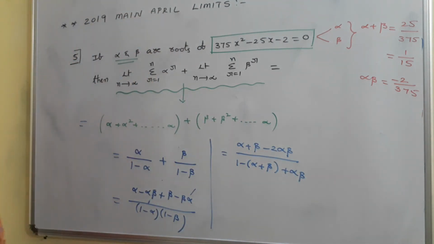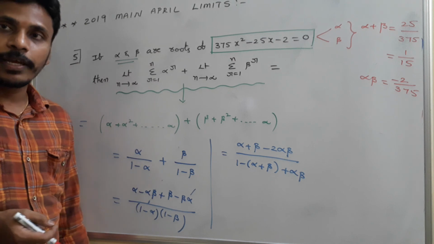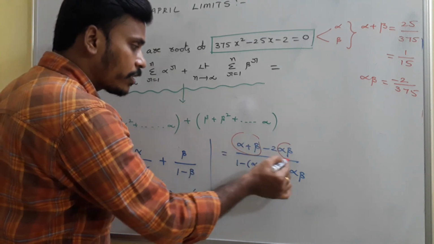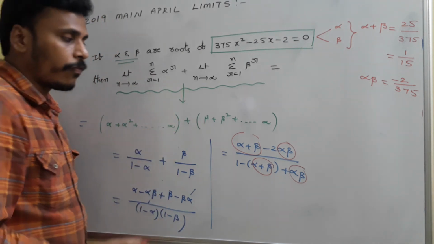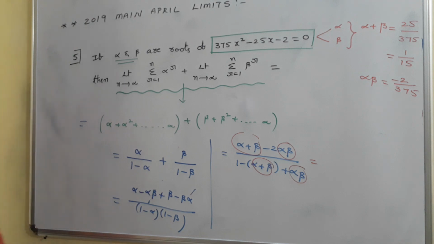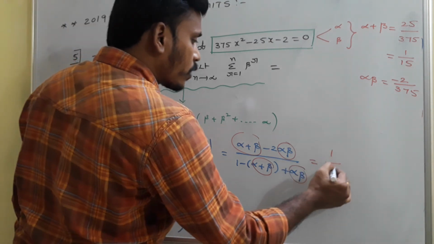So alpha plus beta is 1 by 15, alpha into beta is minus 2 by 375. Here everything is involved with alpha plus beta and alpha beta. Just substitute and simplify it. You will get your answer. Okay? Have a look. And on simplification you will get your answer as 1 by 12.